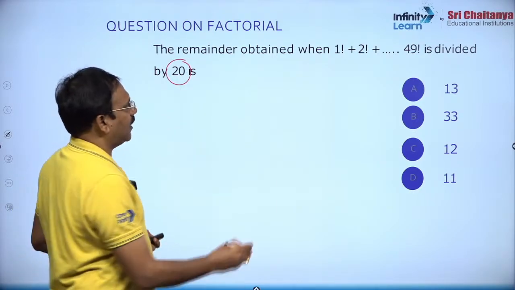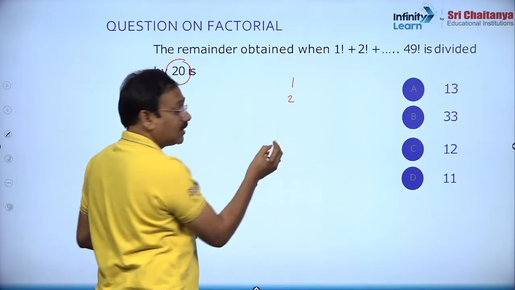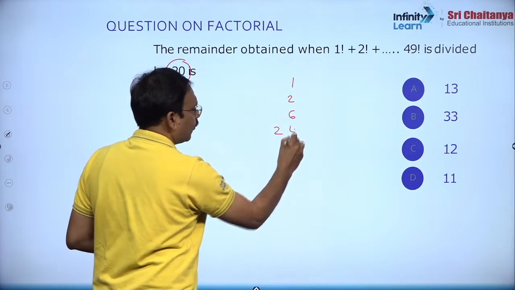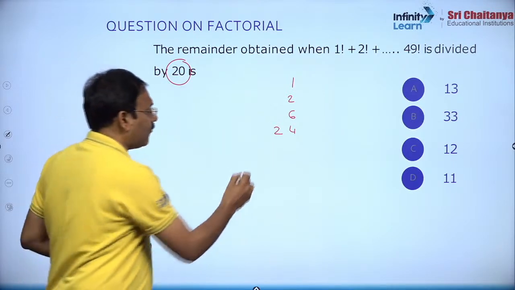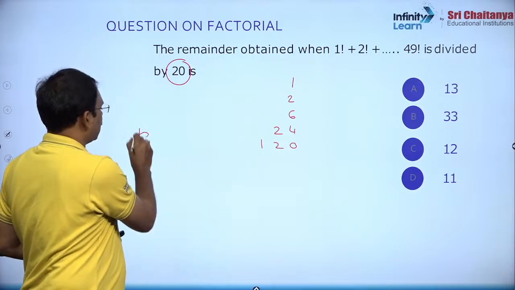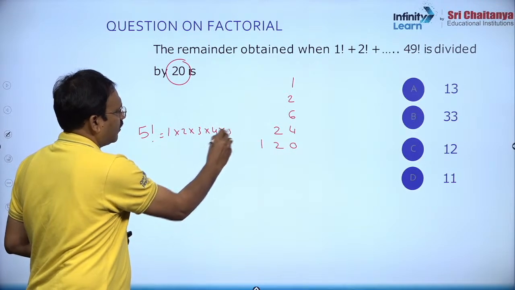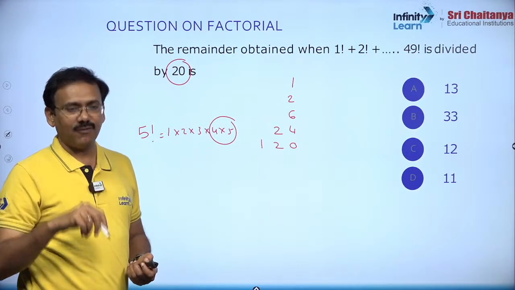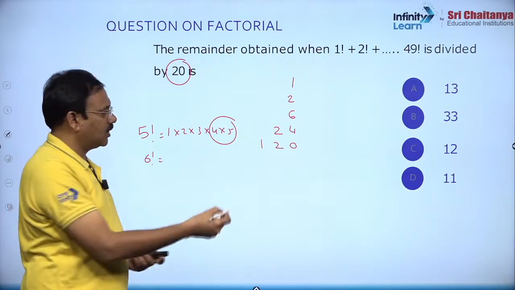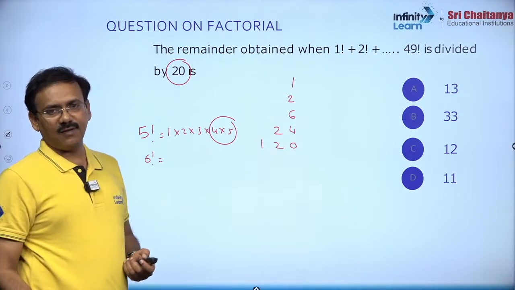So, ये देखिए 1 factorial 1 होता है, 2 factorial is 2, 3 factorial is 6, 4 factorial is 24, whereas 5 factorial is 120, because 5 factorial क्या होता है, this is 1 into 2 into 3 into 4 into 5, which is already a multiple of 20. So 6 factorial is this into 6. So from 6 factorial, 7 factorial, 8 factorial, all are multiples of 20.